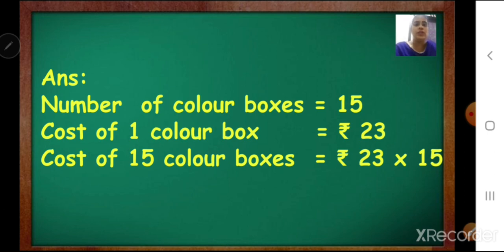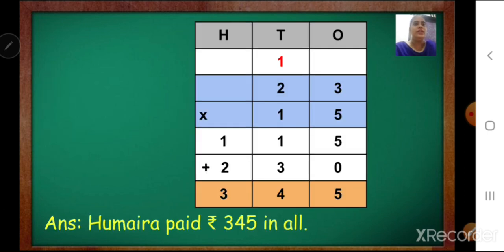We have to find what? Cost of 15 color boxes. How can we find out? By multiplication, correct? 15 color boxes multiplied by the cost of one color box, which is rupees 23. When we multiply both the numbers, we will get the cost of all the color boxes, and how much she paid. So children, like this we have to do the multiplication, right?